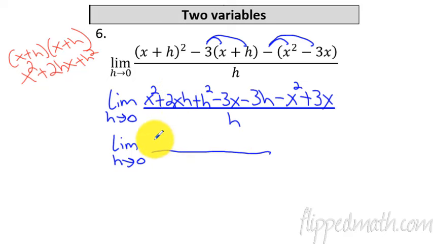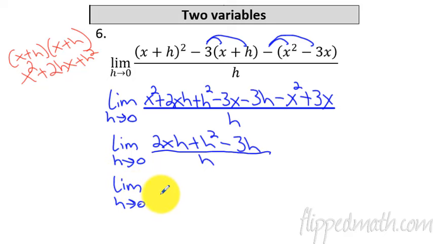So the next step is, since we still can't use direct substitution, because you'd get a 0 on bottom, what we'll do is use our strategies from before, which is factoring what we can, and each of these terms has an h. So what you're left with is 2x plus h minus 3.